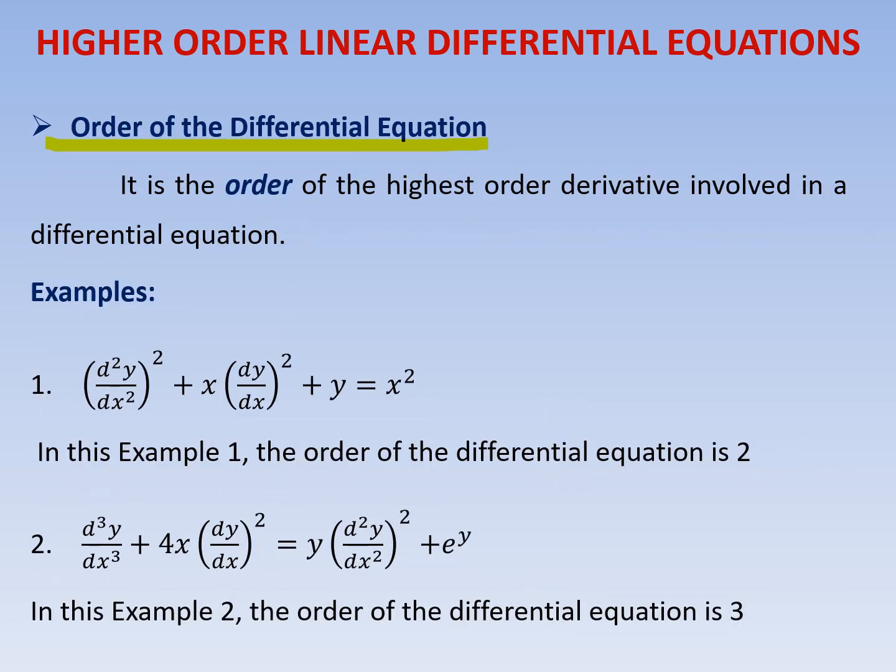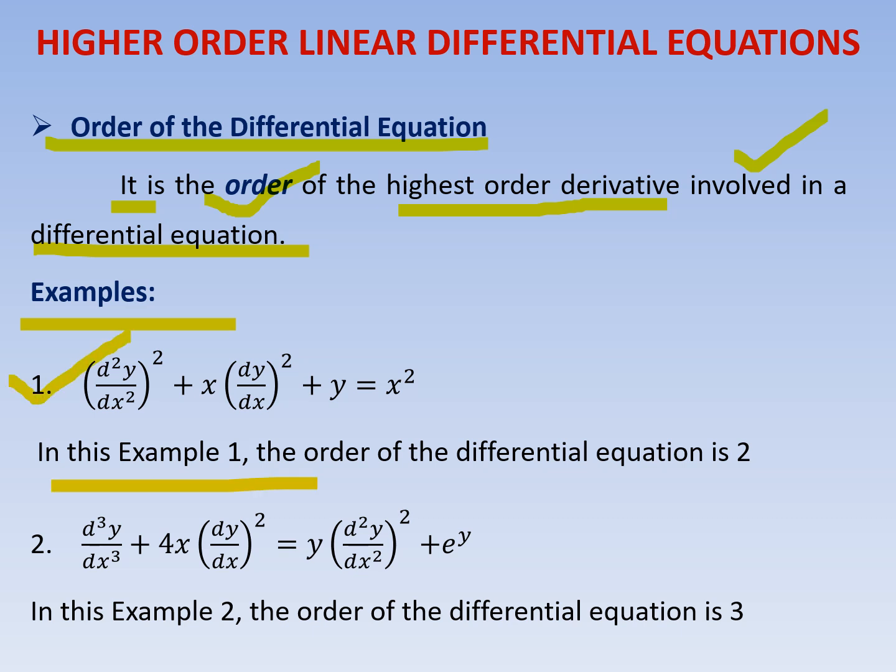Next definition, order of the differential equation. It is the order of the highest order derivative involved in a differential equation. Let us see some examples. First example, in this example 1, the highest order derivative involved in the equation is d square y by dx square.